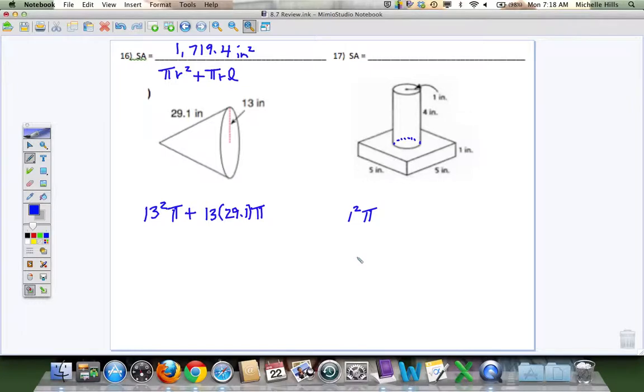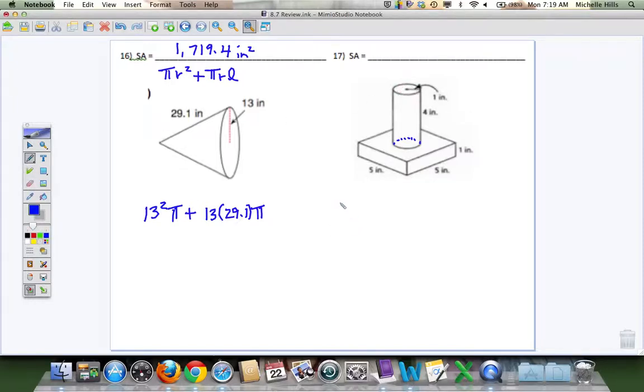But I really don't want to do that, because this circle is exposed, but the circle on the bottom of the cylinder isn't, and there's this circular shape cut out of the top of this box that's not exposed. So really, if I move this circle down, that's actually the top of the box, and it's probably easier just to think of it that way. So in essence, the entire box is exposed. Because yes, there's this circular part that isn't, but then there's a circular part up here that is.